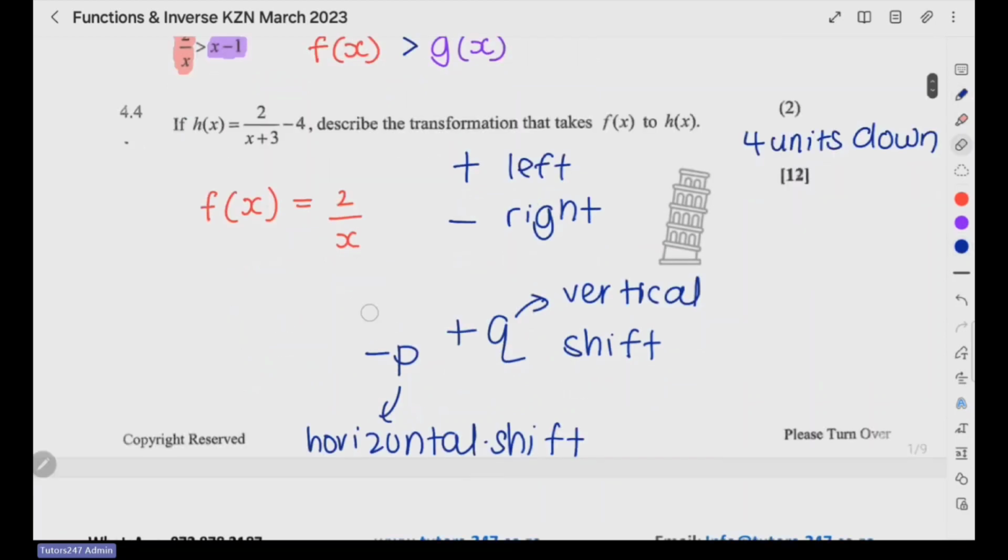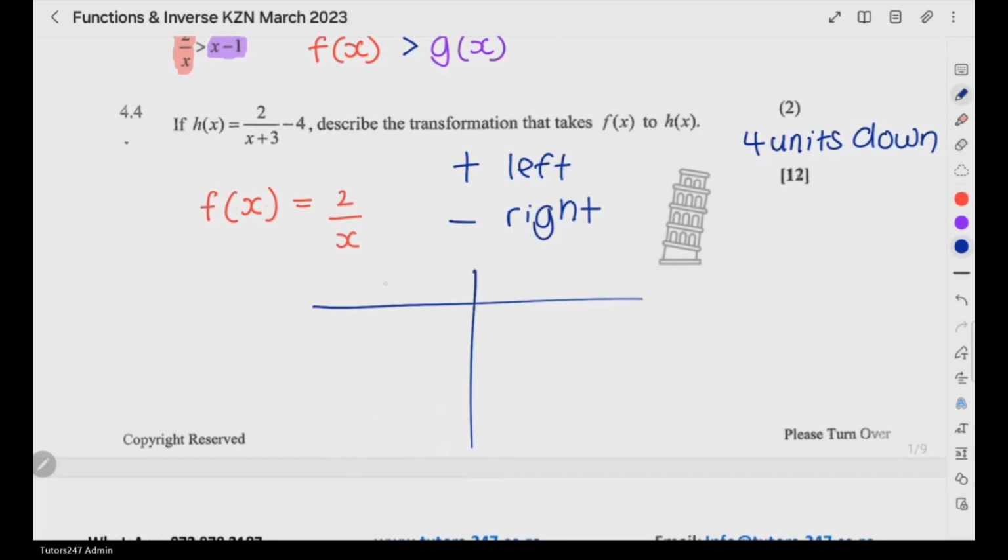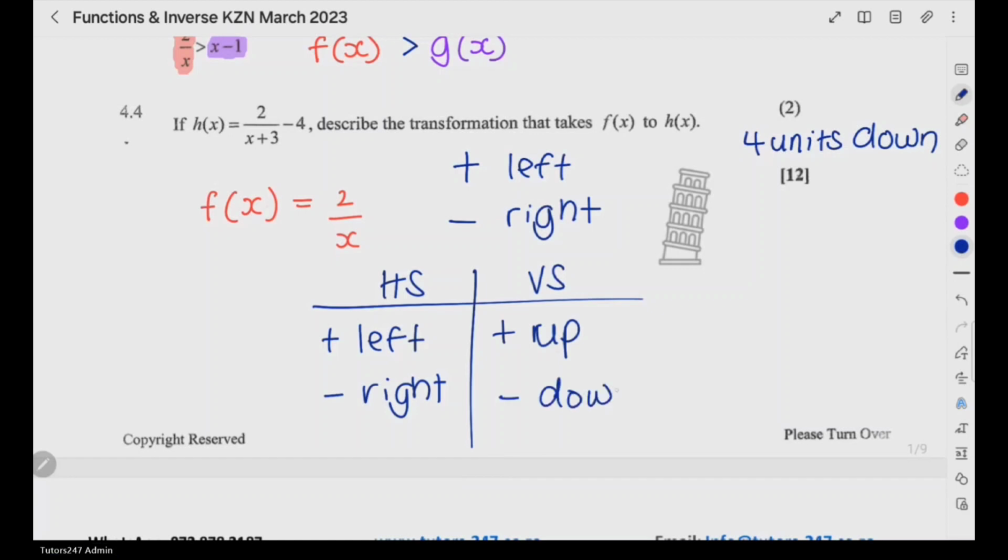That is quite important. So when you're talking about a horizontal shift and a vertical shift, remember that with a horizontal shift, positive is left, negative is right. With a vertical shift, positive is up and negative is down. That is why we have this -4 value that shows 4 units down.